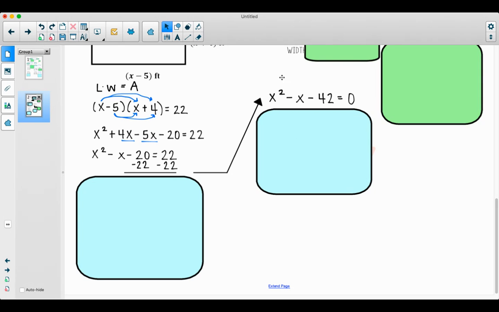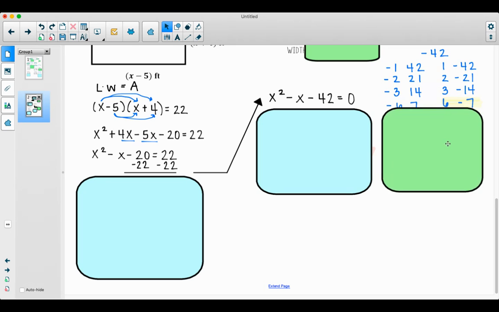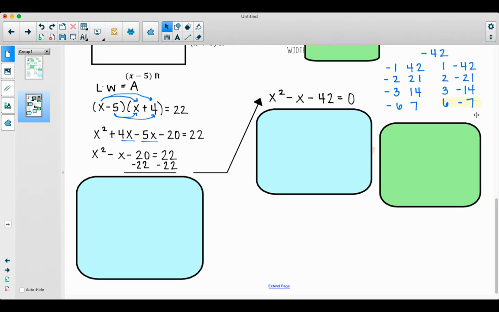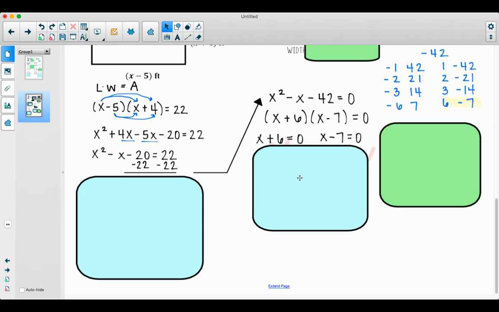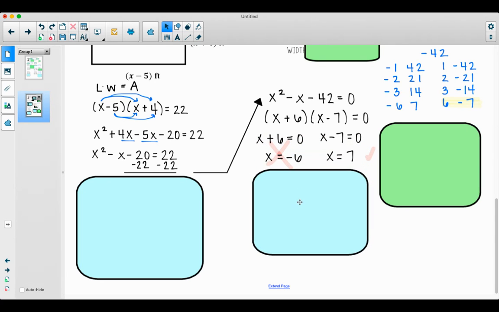This trinomial we have to solve. So everything that multiplies to negative 42, the only combination is going to be 6 and negative 7 to get me to that negative 1. So x plus 6, x minus 7 is equal to 0. Set each factor equal to 0. Our two possible solutions are negative 6 and positive 7.